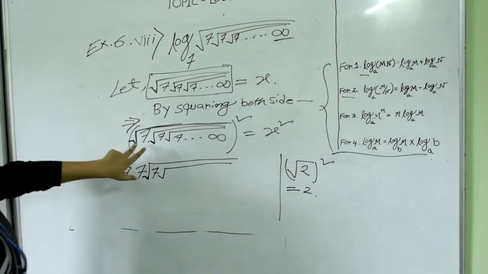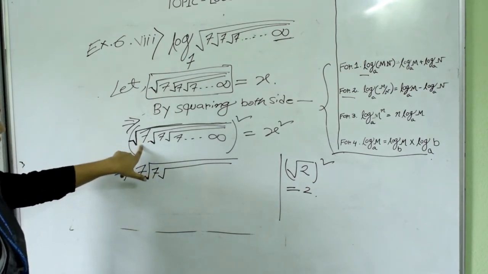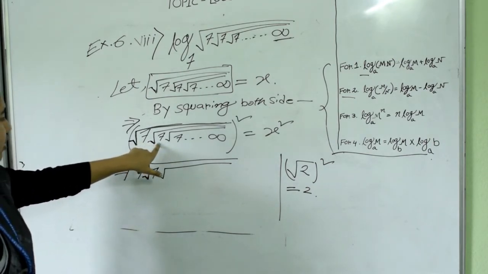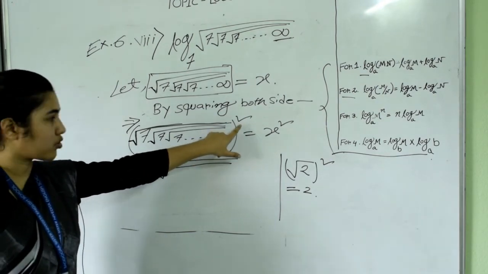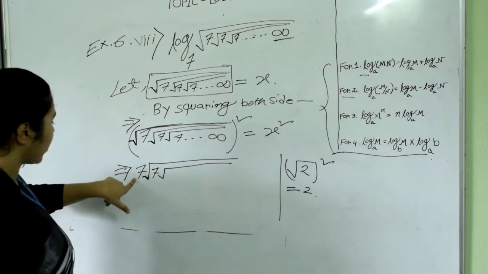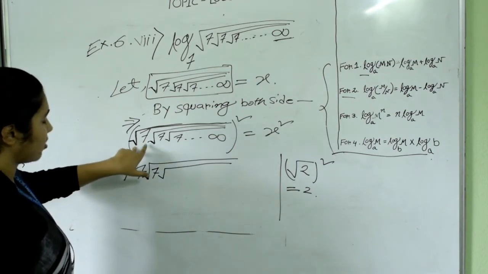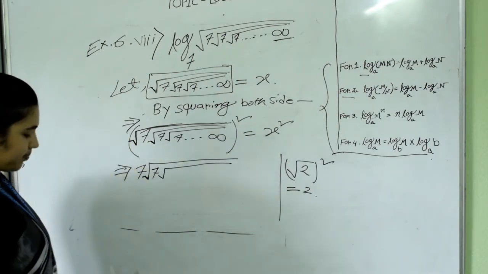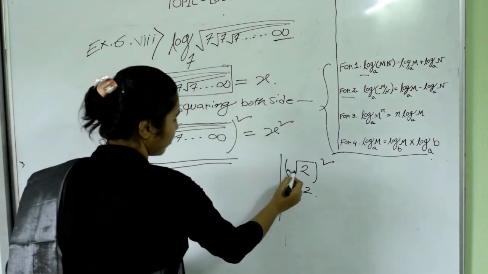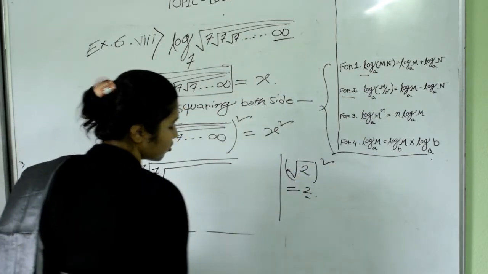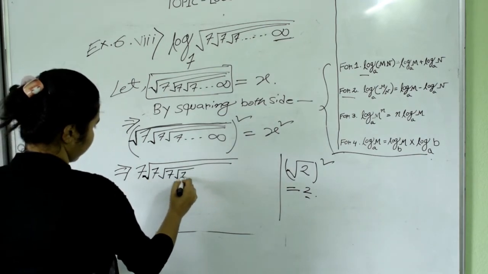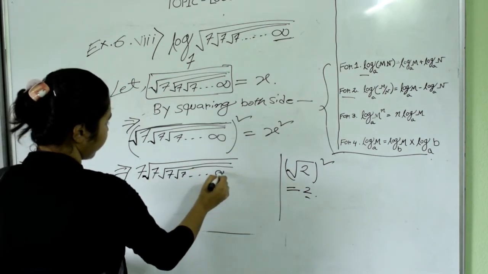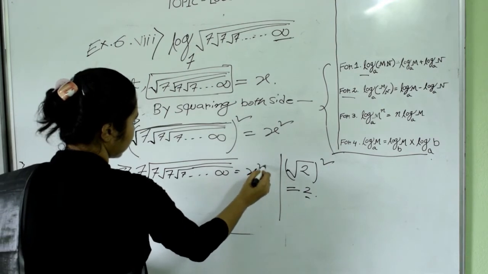We have taken under root 7 up to infinity, and we take the square, right? So we will get first 7 without this square, because we know that root over 2 square is equal to 2. Up to infinity is equal to x square.